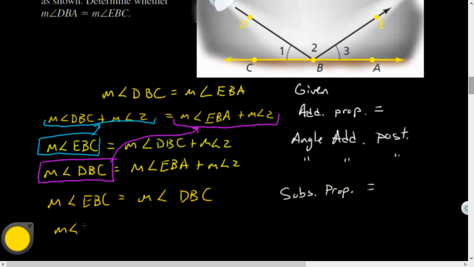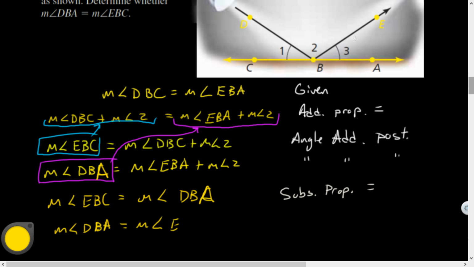Measure of angle DBC. Oh, wait a minute. Did I mess this up? DBA. This was supposed to be an A the whole time, guys. Blast. DBA is equal to the measure of angle EBC.